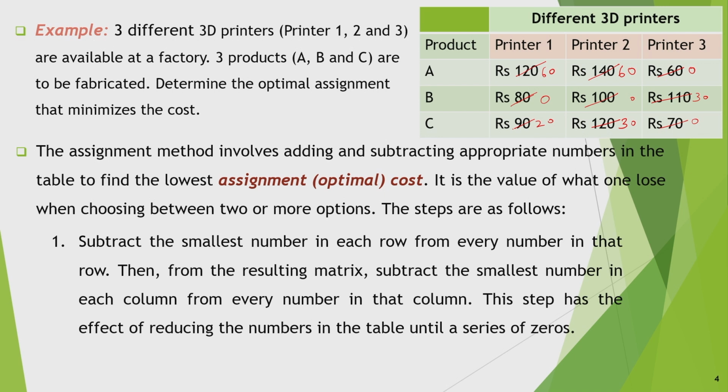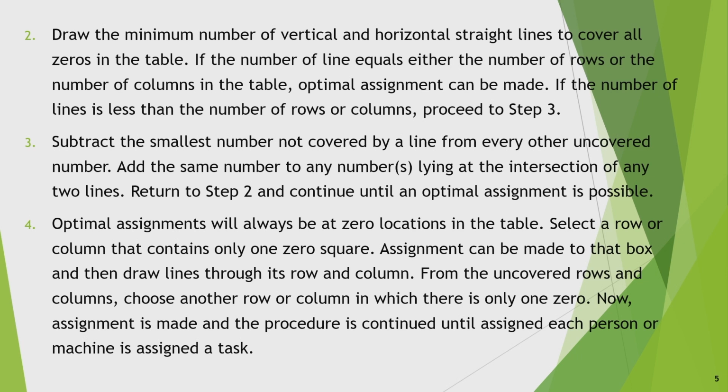Now after that, draw the minimum number of vertical and horizontal straight lines to cover all zeros in the table. If the number of lines equals either the number of rows or the number of columns in the table, then optimal assignment can be made. If the number of lines is less than the number of rows or columns, then proceed to step 3.